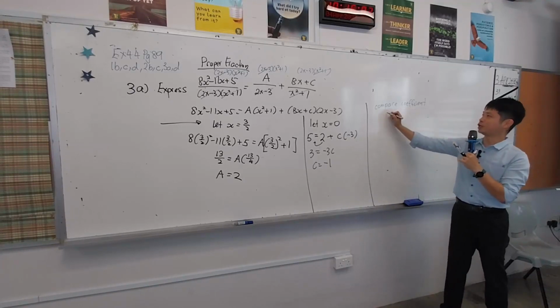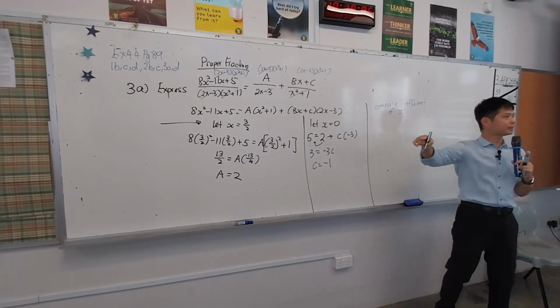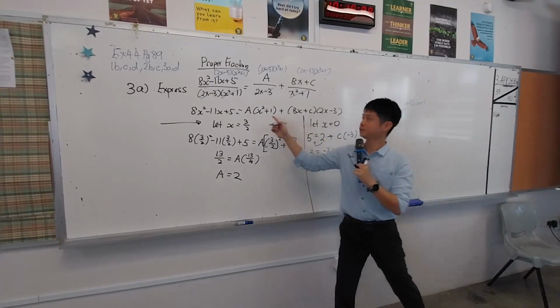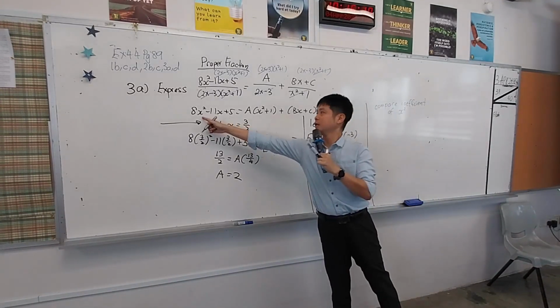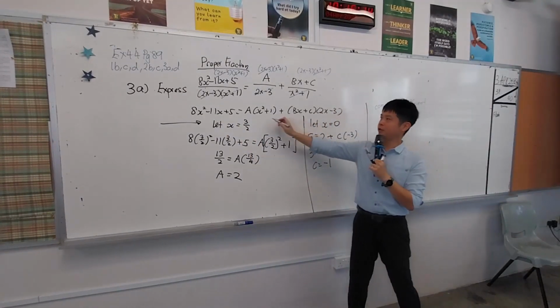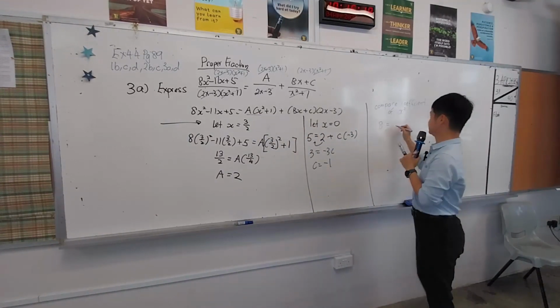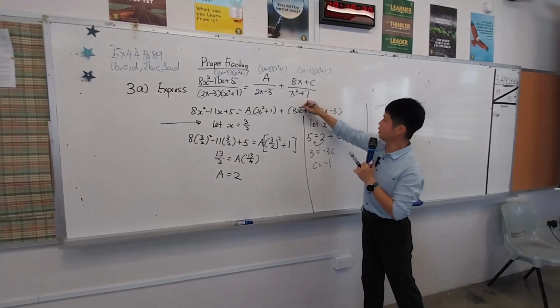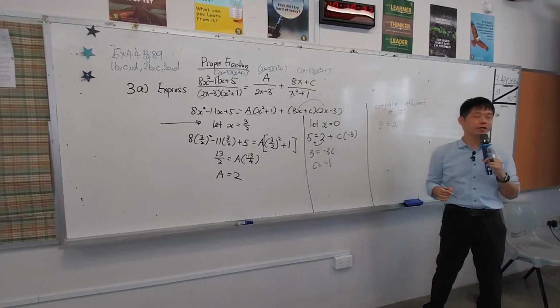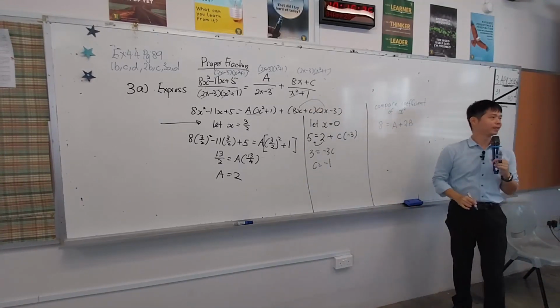So let's compare the coefficient of X squared. On the left hand side, what is the coefficient of X squared? 8. Now down here, only this will give me the coefficient of X squared, so I will have A, plus 2B.